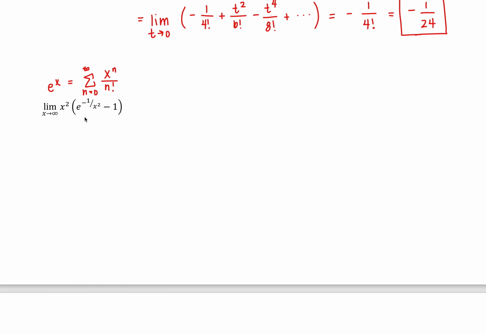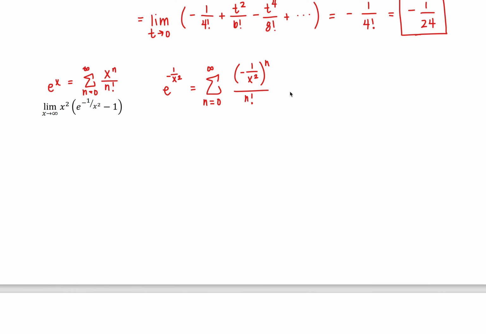Here, we do not just have an e to the x, we have e to the negative 1 over x squared. So we're going to have something that looks a little different. Instead of an x, we've got this whole term here, so it will be the series that goes from n equals 0 to infinity of (negative 1 over x squared) to the n power over n factorial.